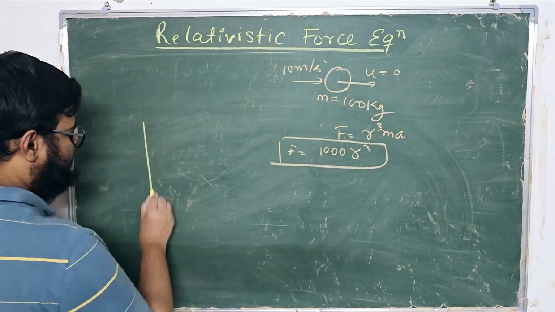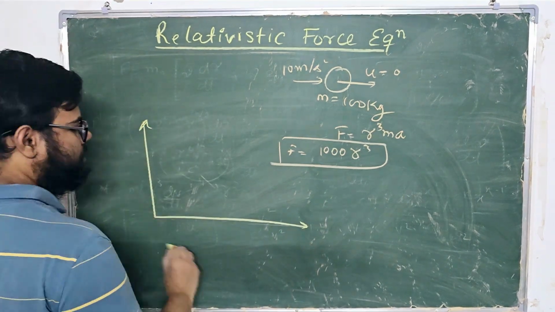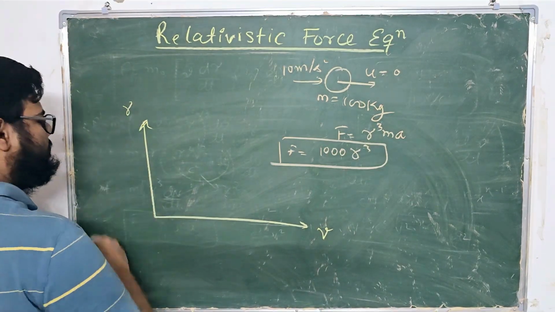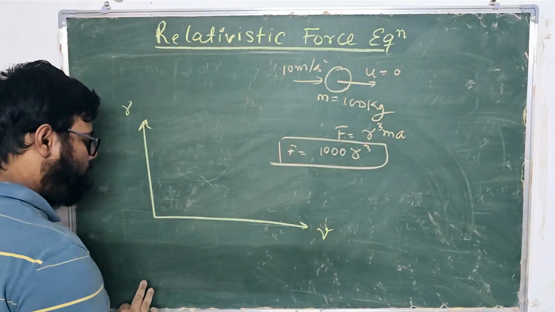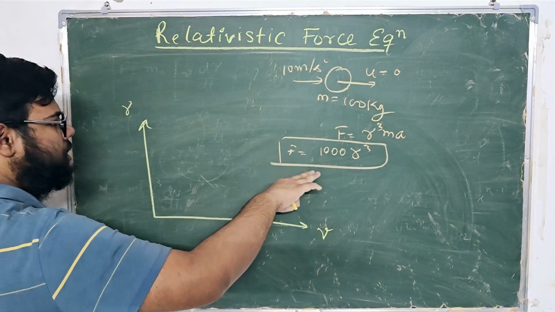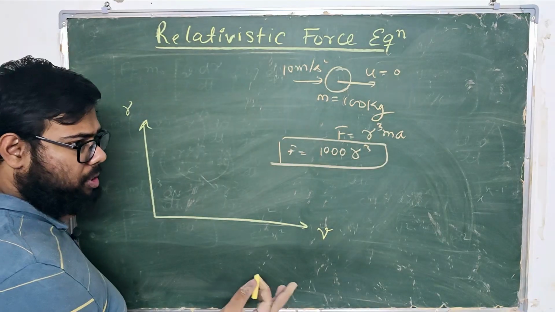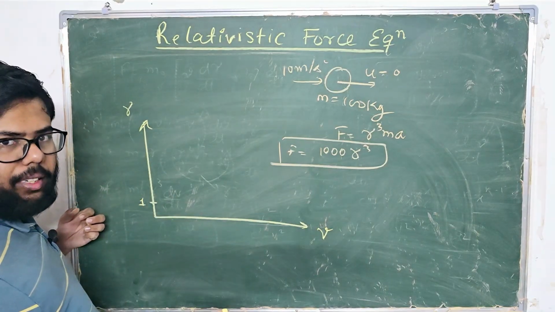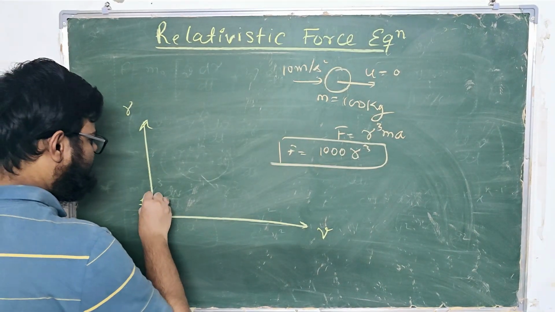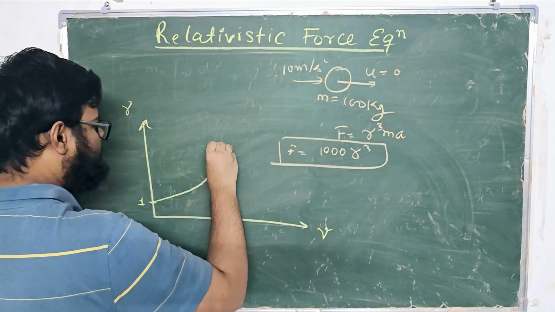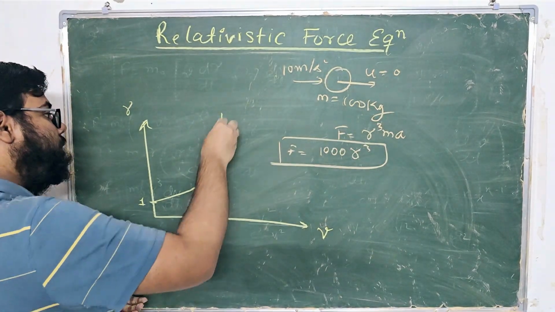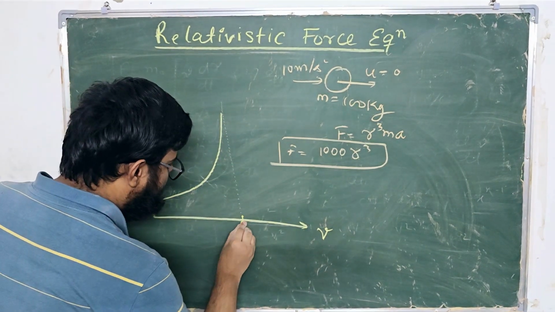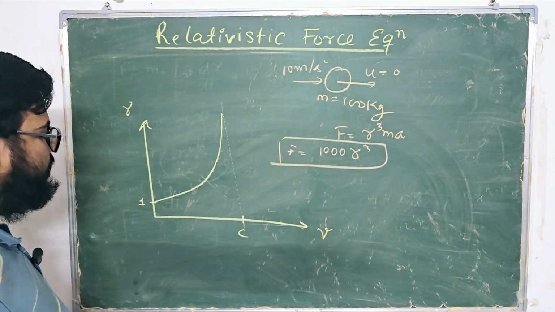So this is velocity, this is gamma. Now, the clear graph I don't remember right now, but it is somewhat like this. When velocity is equal to 0, then gamma is at 1, right? Gamma is at 1 when velocity is 0, and it keeps on increasing and it tends towards infinity as velocity is approaching the speed of light.